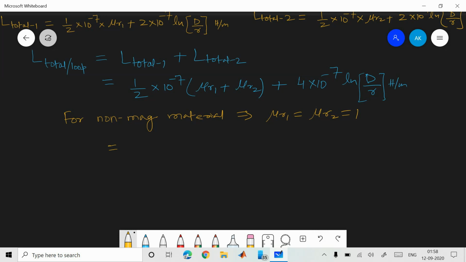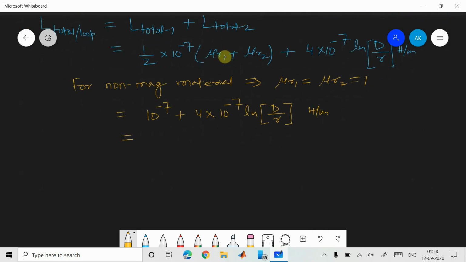So it will be 10 raised to power minus 7 plus 4 into 10 raised to power minus 7 ln d by r, Henry per meter. If we take 4 into 10 raised to power minus 7 common, you will get simply 1 by 4 plus ln d by r, in Henry per meter.